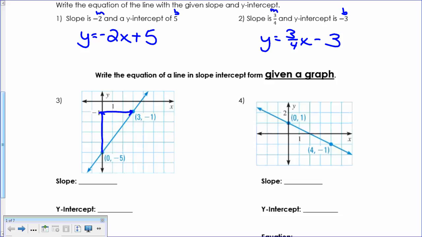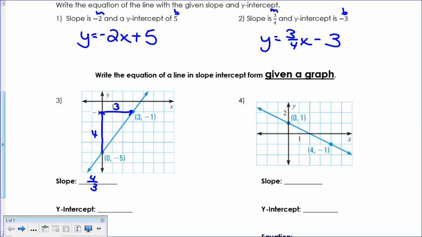What is the rise from -5 to 3, -1? What's the rise? 4. 1, 2, 3, 4. And what's the run? 3. So our slope is, rise over run, 4/3.